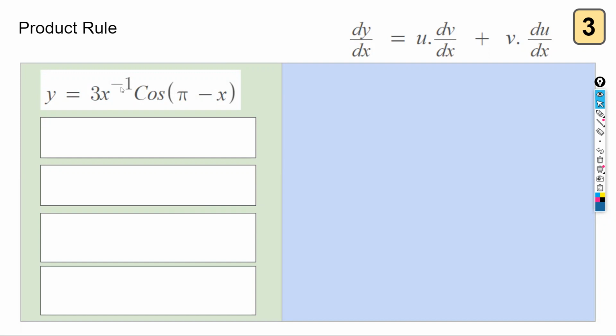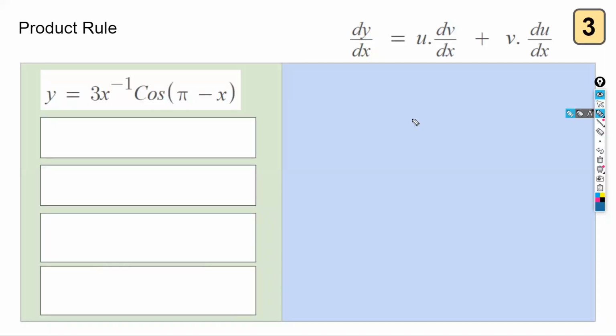So this -1 only belongs to the x, which is good news, because when it only belongs to the x, then you can just differentiate it as normal. That's not the trick in this question. There's a very, very, very small trick in this question. Try it, and when I work it out, you'll let me know if you fell for the trick. Okay? Let me know when you're finished, as usual.